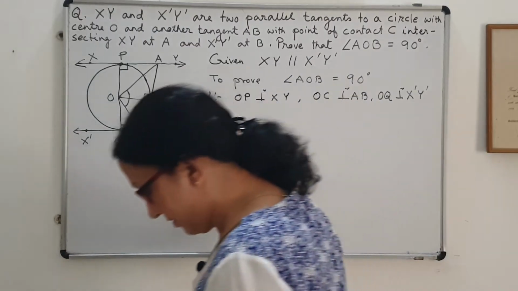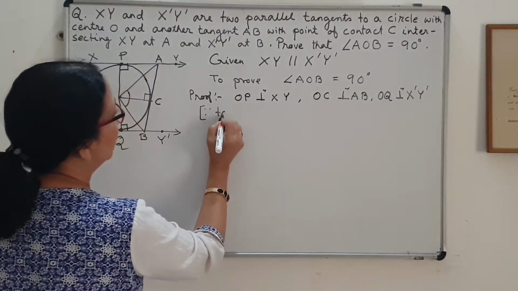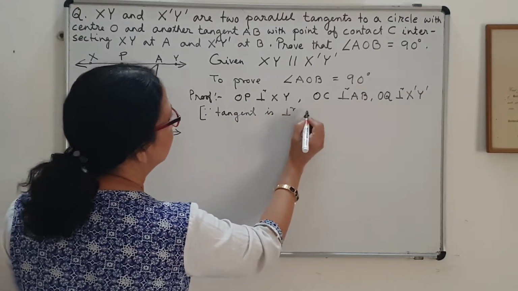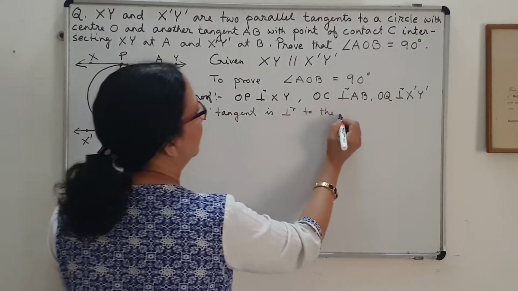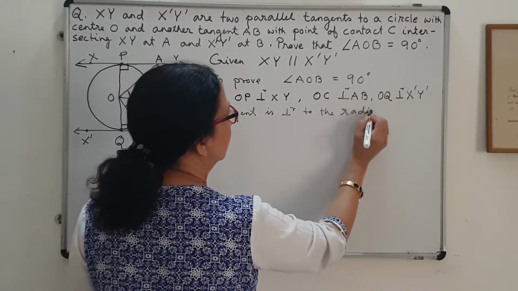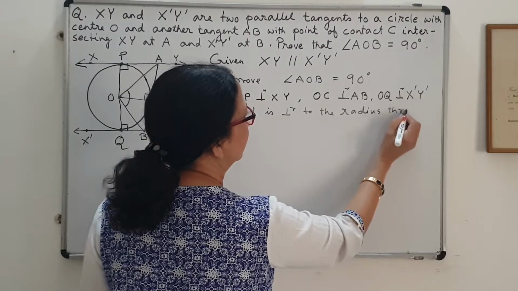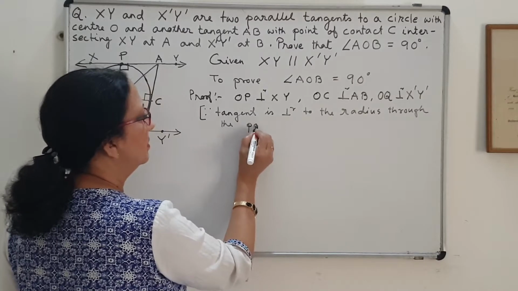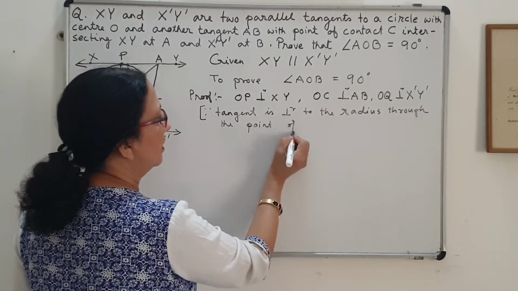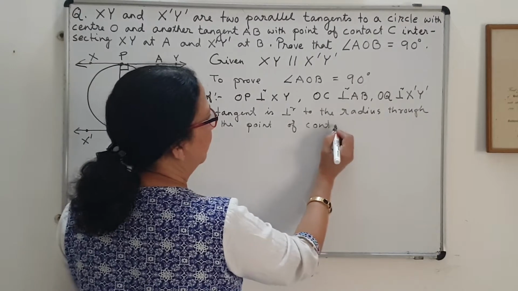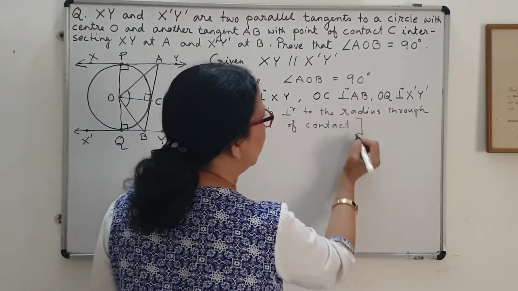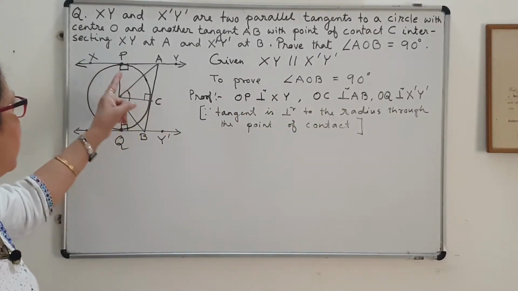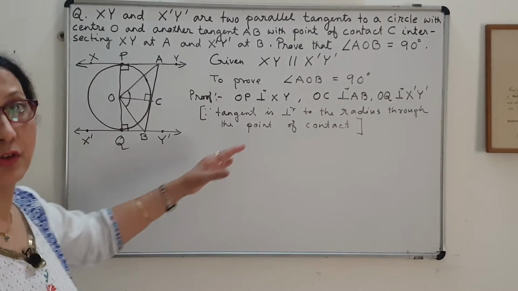Since tangent is perpendicular to the radius through the point of contact. That is, the tangent is perpendicular to a particular radius of the circle, the one which is passing through the point of contact. So you have support of these three, I have written the first theorem of the circle chapter.